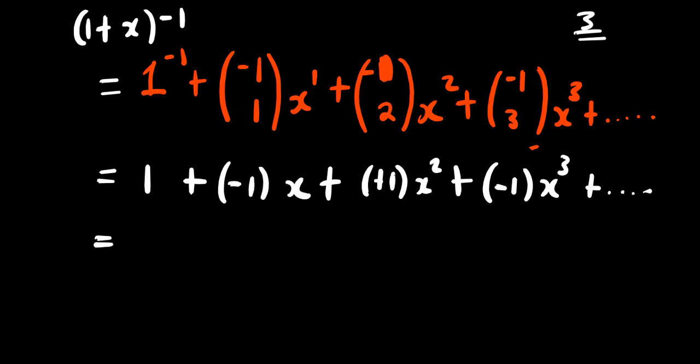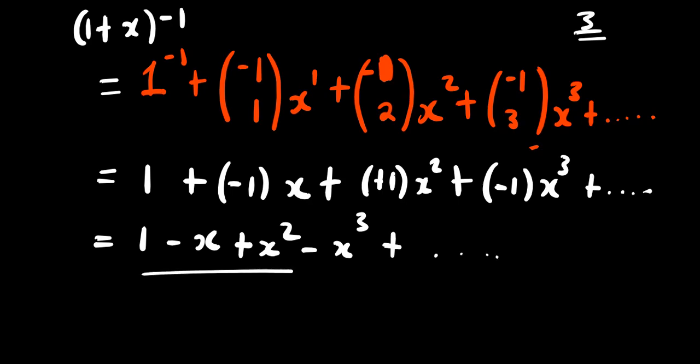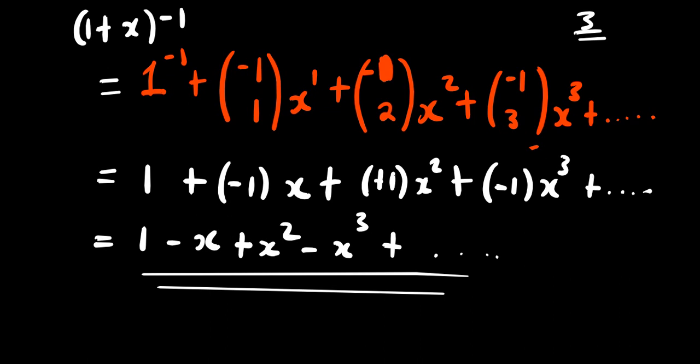So I'm going to have 1 minus 1 multiplied by x, which is negative x, plus 1 multiplied by x squared, that is just x squared. Negative 1 multiplied by x to the power 3 will be negative x to the power 3. So this is going to be our final answer in this expression.